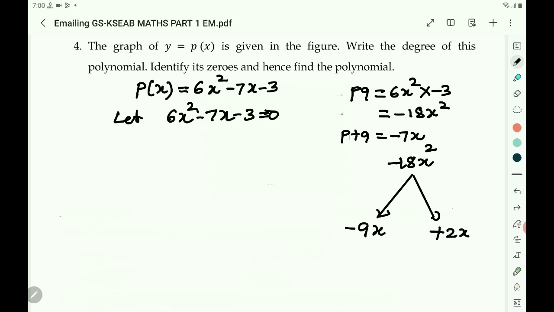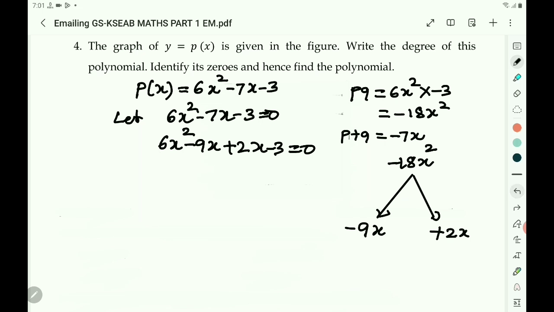Now write 6x² as it is, and −7x equals −9x plus 2x, and write this −3 as it is, equals 0.